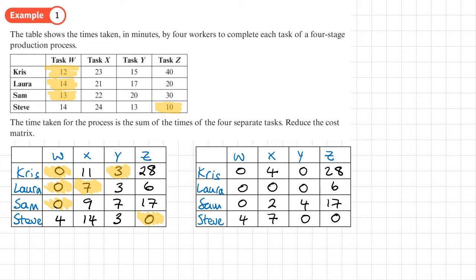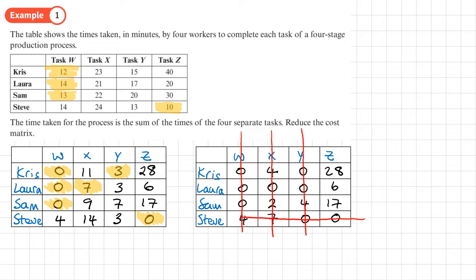Now we don't need to go any further with this question. We've done the reduced cost matrix, but just to show you what we would do if we need to allocate workers to tasks, I'll say, right, how many lines do I need to cover all the zeros? The minimum number of lines. So 1, 2, 3, 4.